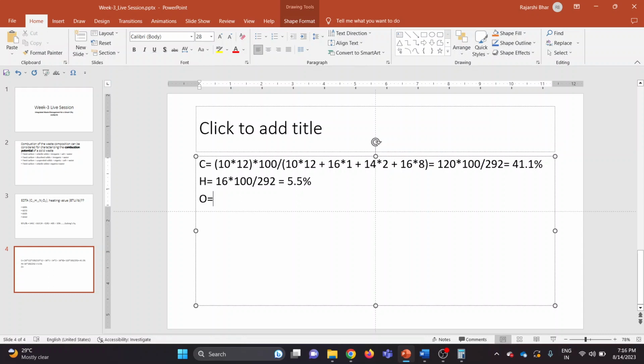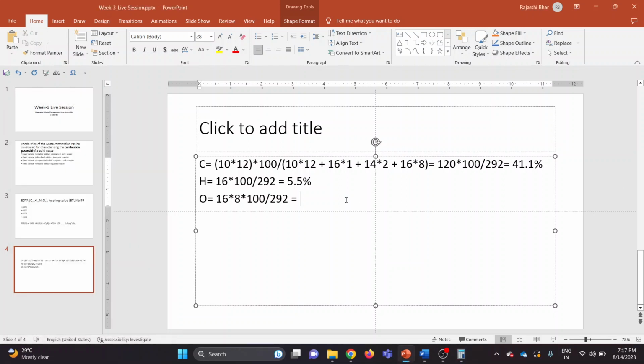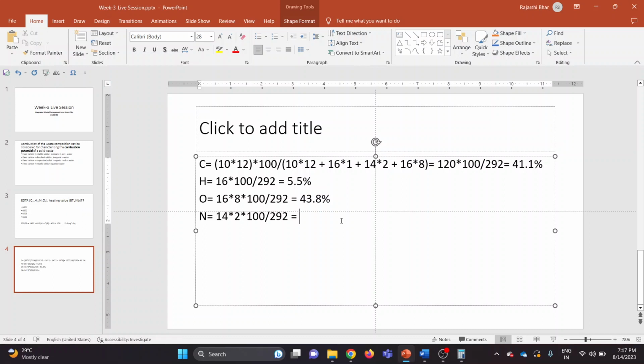Similarly, oxygen is 43.8, and nitrogen will be around 9.6%.